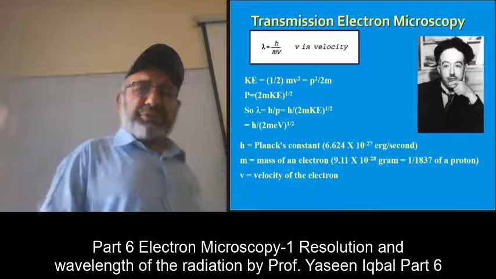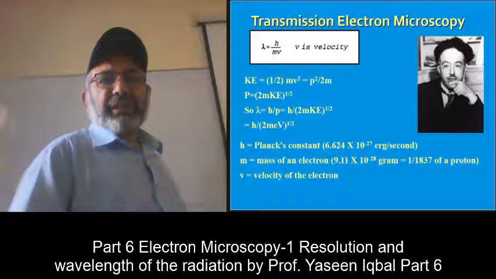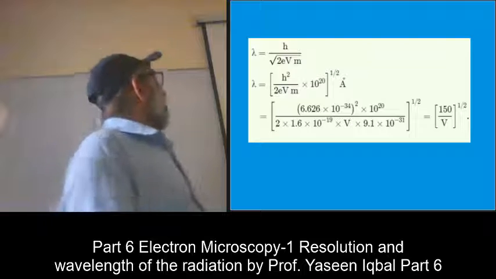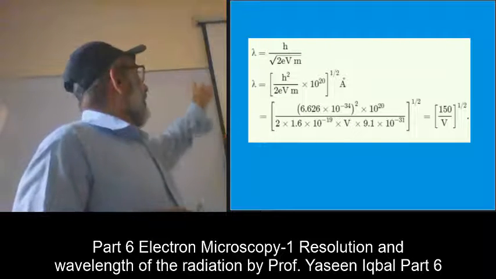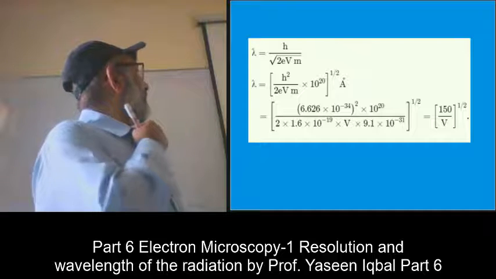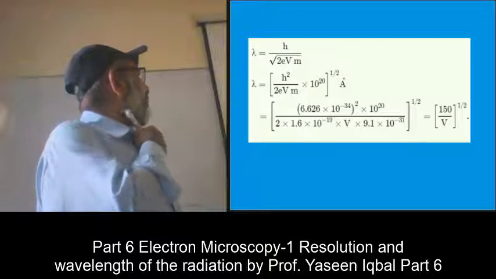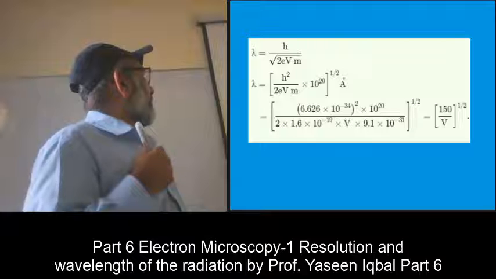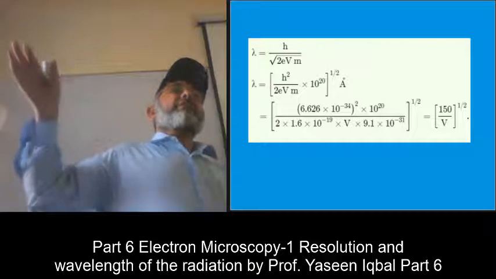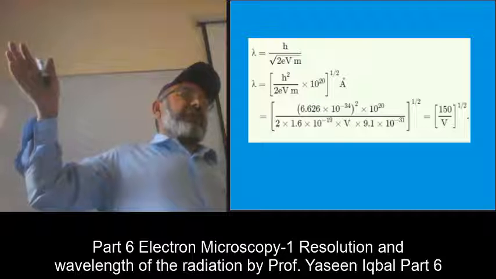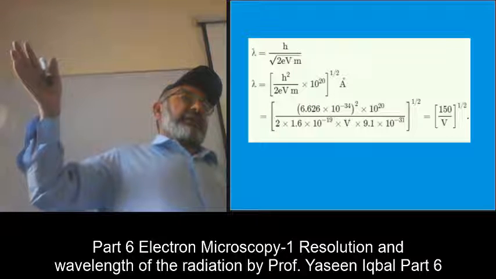And these are the values which are commonly used. Lambda is equal to h over, from those equations, the square root of 2 m eV, where eV, electron volts, are the potential, because you are accelerating the electron through an electrostatic potential.